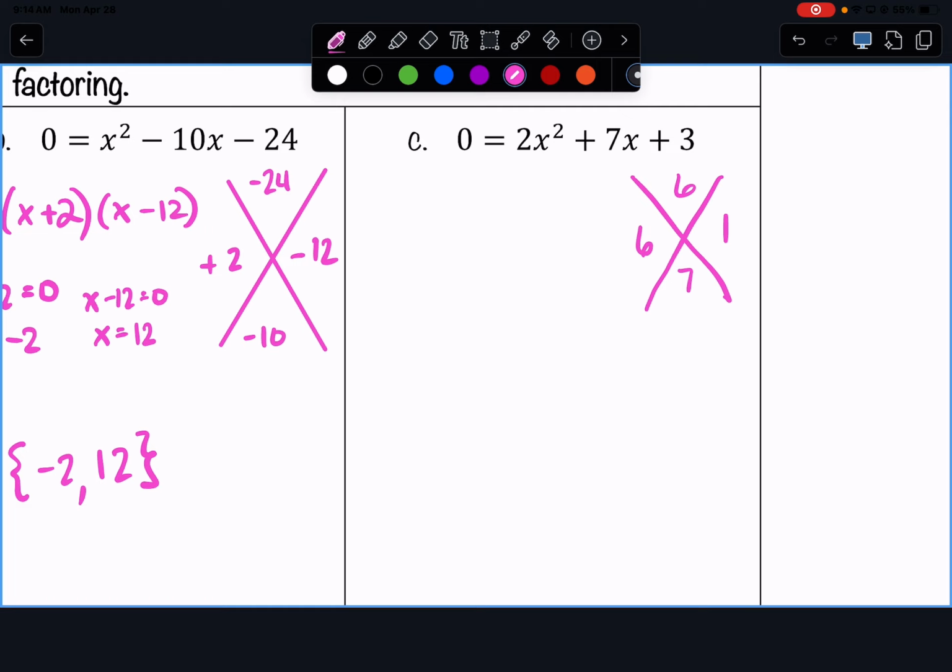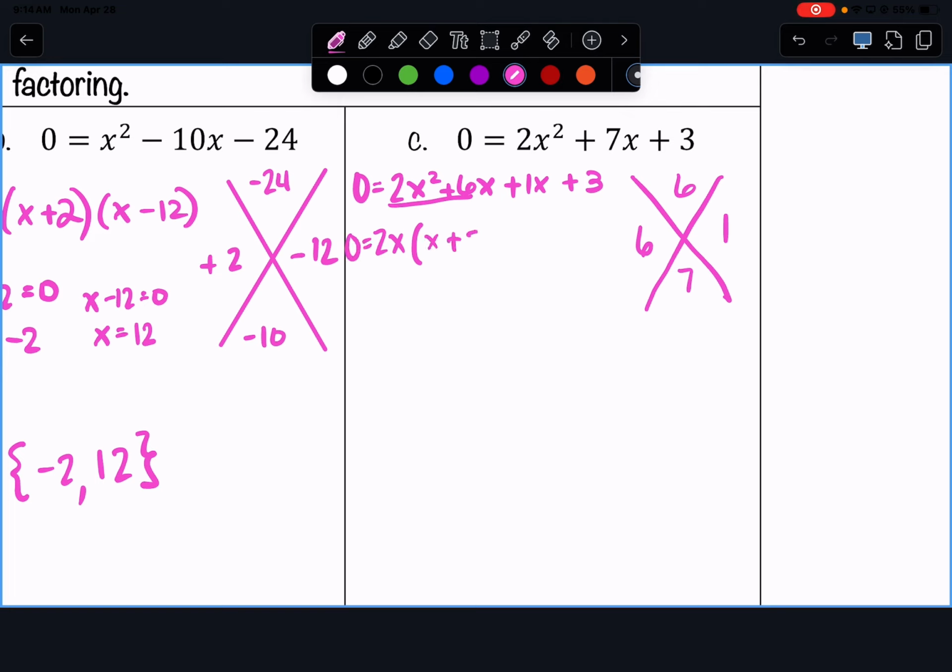Now, can I use a shortcut for this one? No, so we have to use grouping. So to do that, I rewrite my original question as 2x squared plus 6x plus 1x plus 3. And then I look at the first two terms. What is their GCF? 2x. And what does that leave us with?